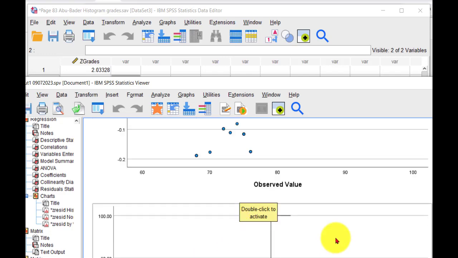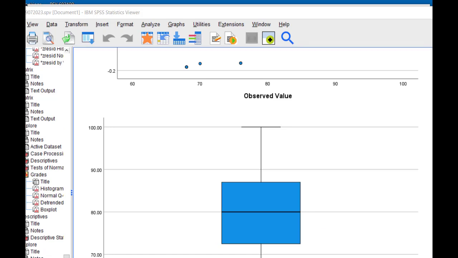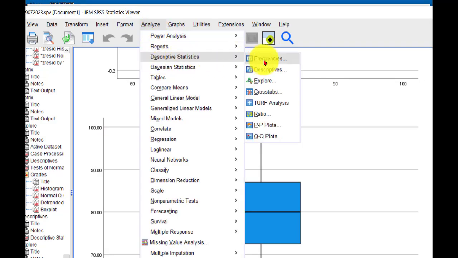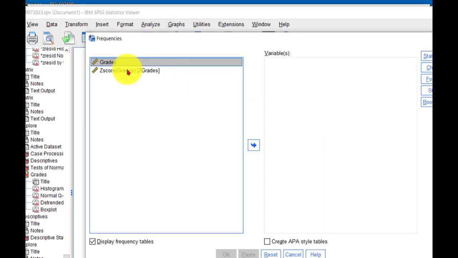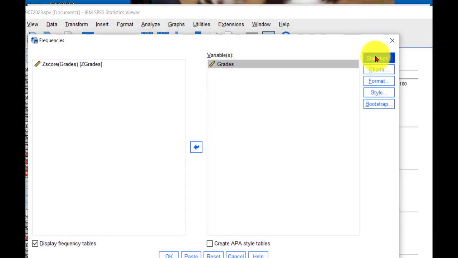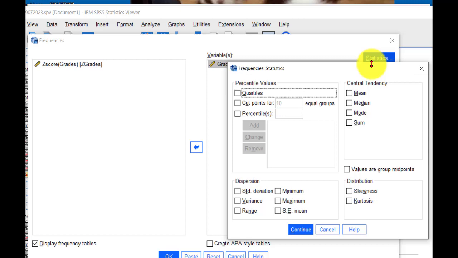So that's it. I forgot to get the actual quartiles, so if you can't read them from this, you just go to Analyze, Descriptives, Frequencies, and again we put the grades in there, and what do we want? We want the quartiles. Where are they? Oh, look right there, quartiles.